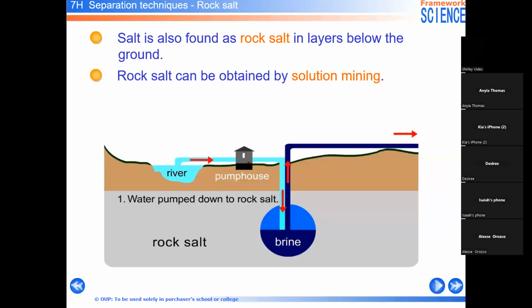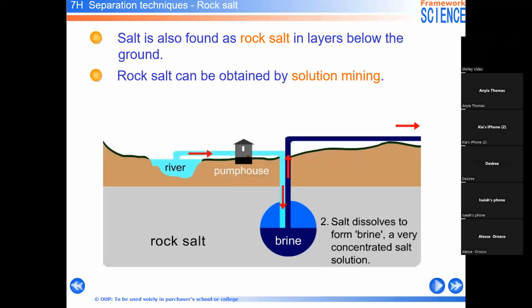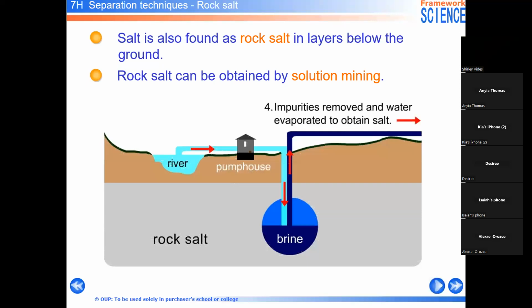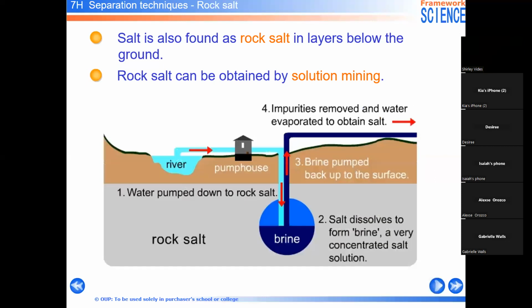Then they pump it back out and do the evaporation on it. So you've got the solution and the evaporation happening, and then, of course, the impurities are removed in the water. And then you have salt. Okay, so that's how it works.